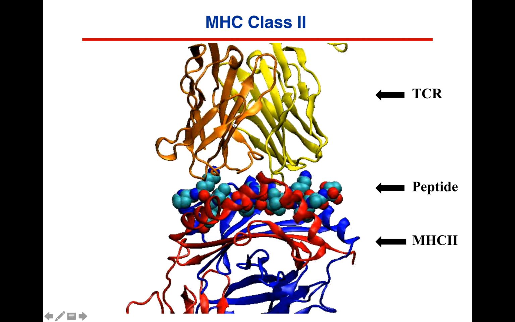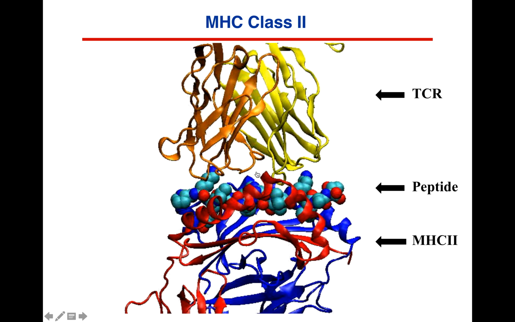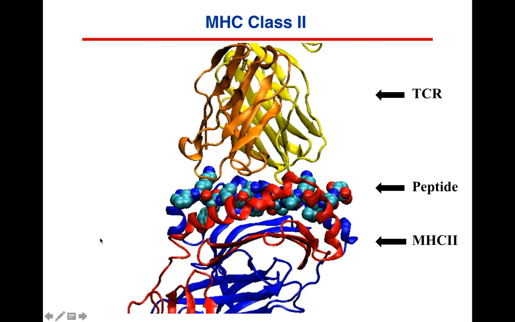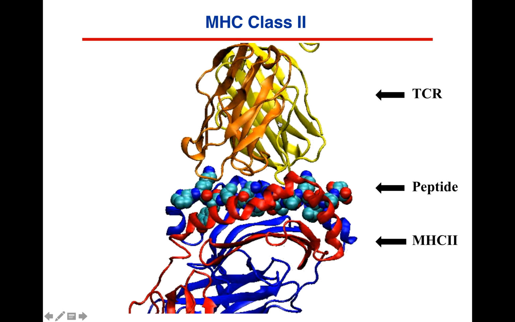Now look at the T cell receptor. It looks kind of familiar, doesn't it? It has these beta sheets, and guess what? It has loops that stick down to recognize that peptide. So it's actually a member of the immunoglobulin family, similar to antibodies, and it has a lot of similarity to antibodies in that it has loops.